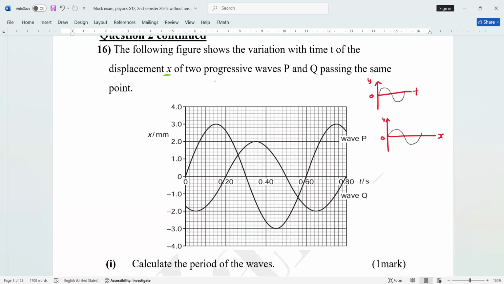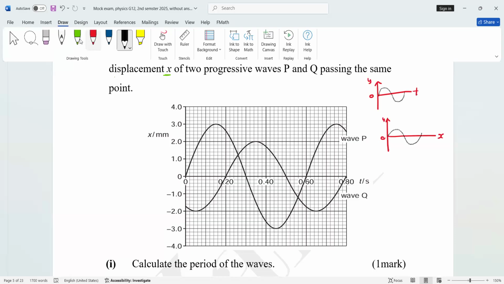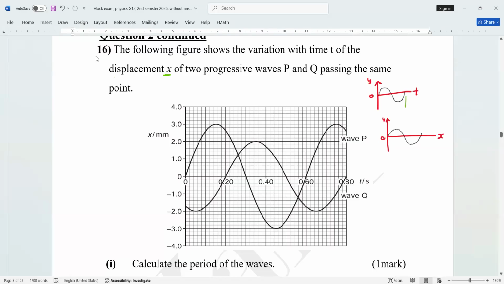now, from displacement time, we can deduce the time period. So this is the time period. Displacement distance, we can deduce what? The amplitude. In both, we can deduce the wavelength. In both, we can deduce also the amplitude.